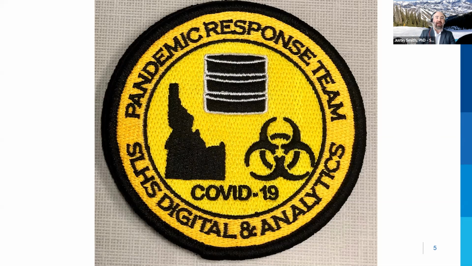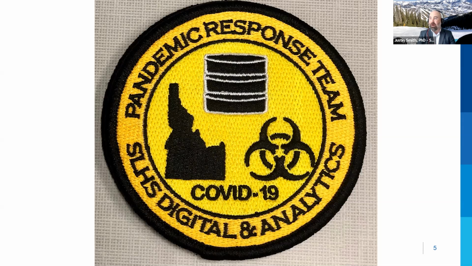But the backstory behind this is we have a few individuals on our team and in our department that are military veterans. And one of the things we talked about right away, and they brought forward as an idea, was they wanted to create a morale patch for us. And so we created this patch; the regular size is probably 3 inches by 3 inches or so, a regular size shoulder patch.